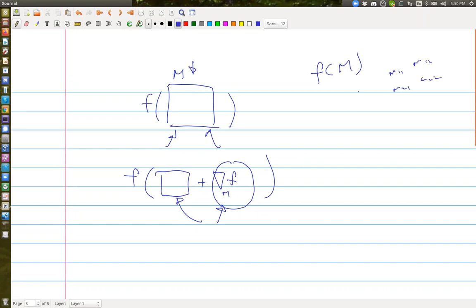Then the gradient of f will be basically equal to the partial derivative of f with respect to M11, partial f with respect to M12, partial f with respect to M21, and partial f with respect to M22. It's just like that actually.